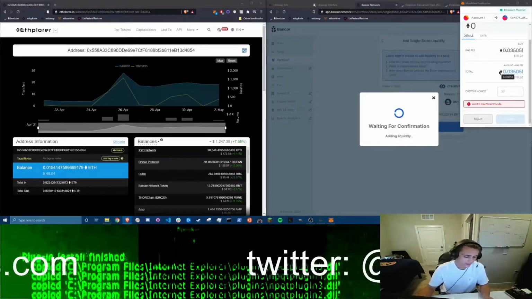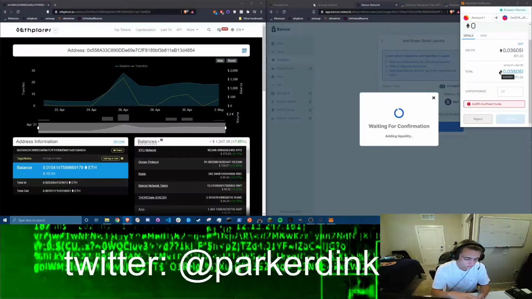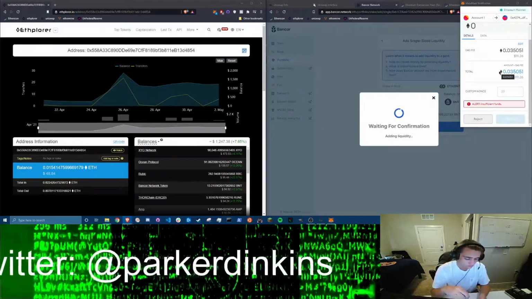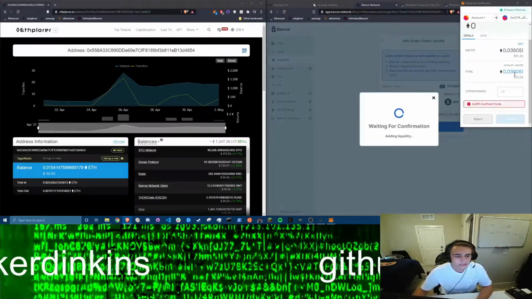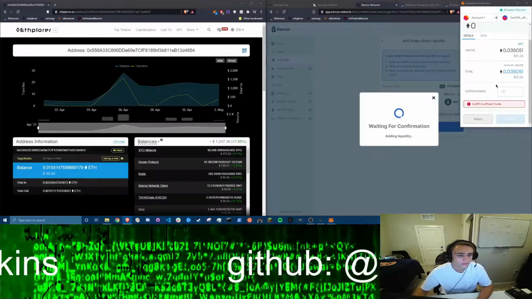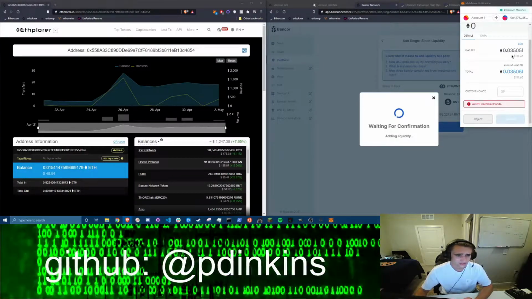Says it's still pending over here on Celsius. Should have had a little bit more. I thought this was single-sided staking. I guess $100 in gas fees.